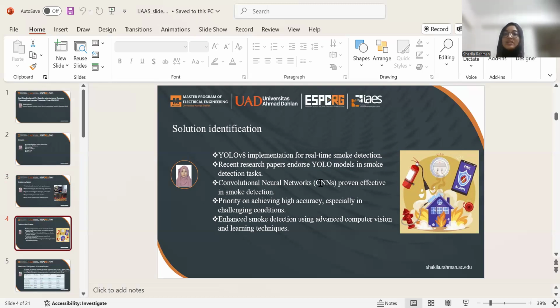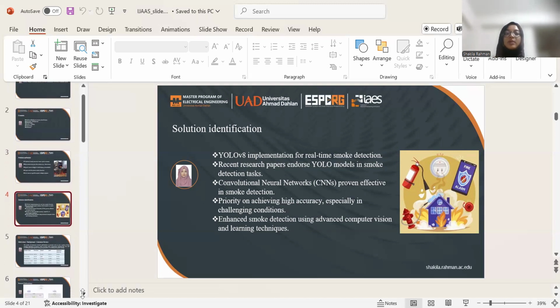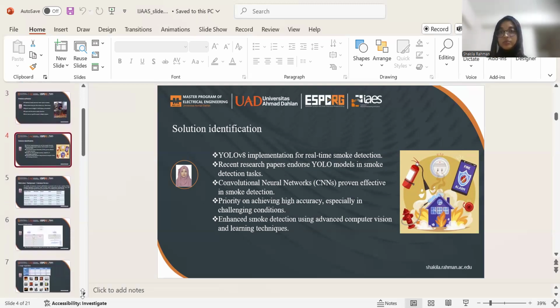Convolutional neural networks have also proved effective in smoke detection. The priority is achieving high accuracy, especially in challenging conditions, enhancing smoke detection using advanced computer vision and learning techniques. Based on this, we have considered our problem, where smoke and fire are both identified in our work.